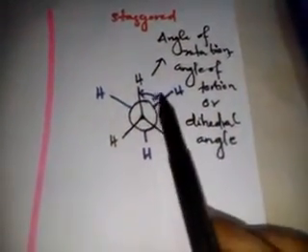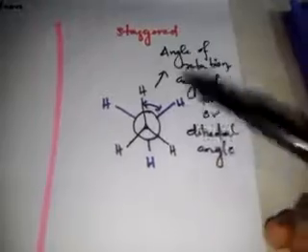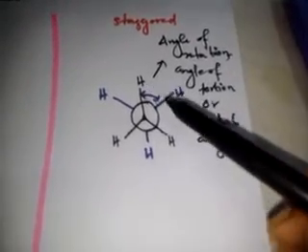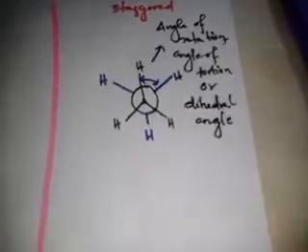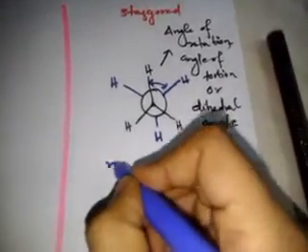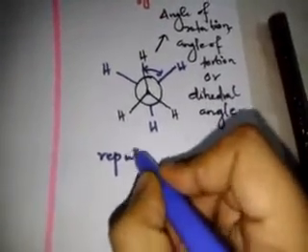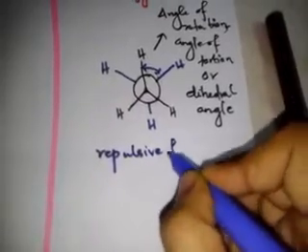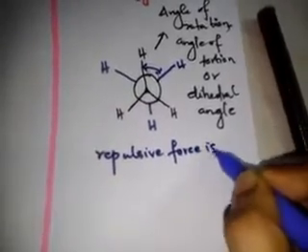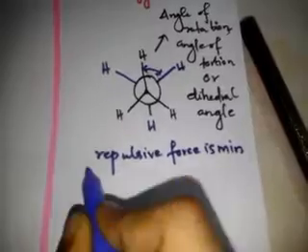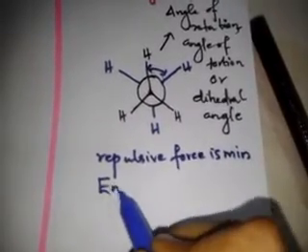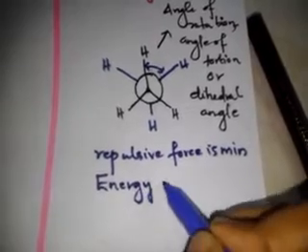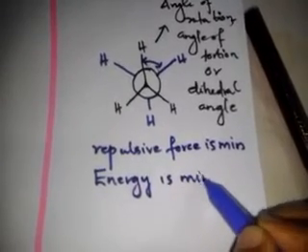Students, when we look at the hydrogen atoms in staggered conformation, they are arranged as far apart as possible. So the repulsive force is minimum here. Since the repulsive force is minimum, the energy is also minimum.